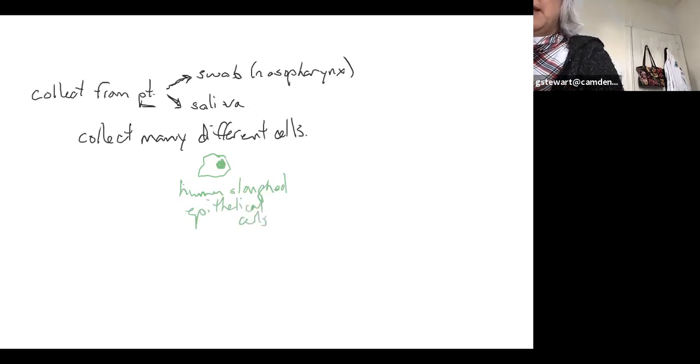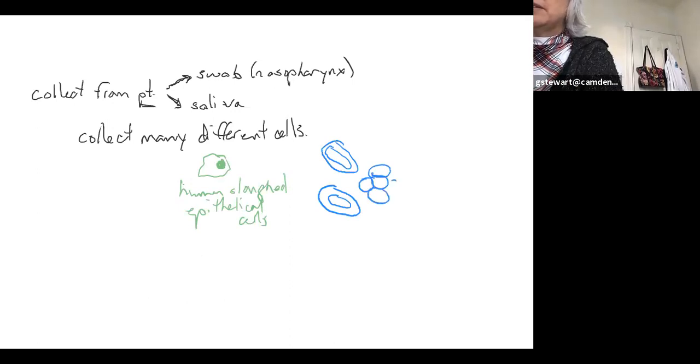You're going to be collecting probably some bacteria, and I'm going to draw them with capsules, because the ones that live in your nasopharynx often have capsules. So I'm going to draw some streptococcus there, and then I'm going to make some staphylococcus, right? So you're going to get some bacteria, make them blue.